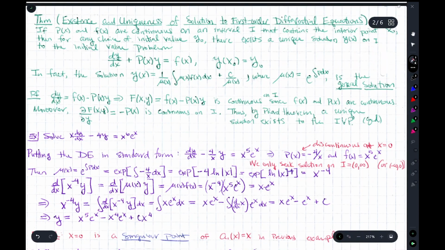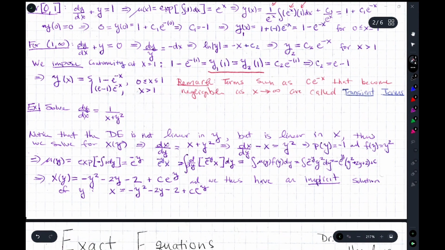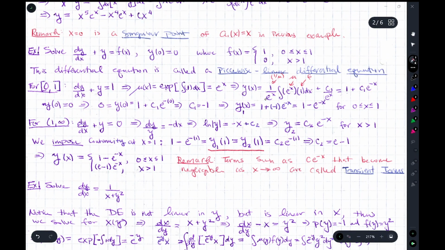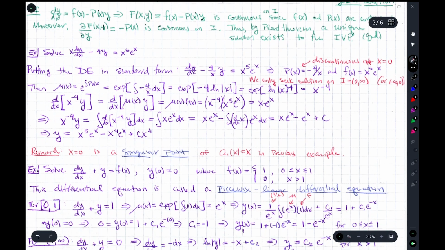But for this next example, I decided to just apply the formula that we have here. Applying this formula, this term here is 1 over mu, this is f, this is c over mu. Again, just applying this formula right there.